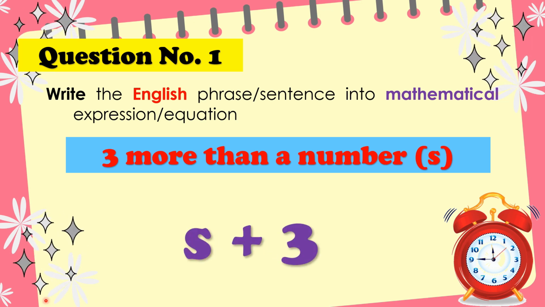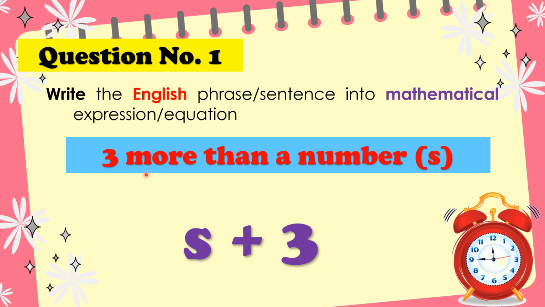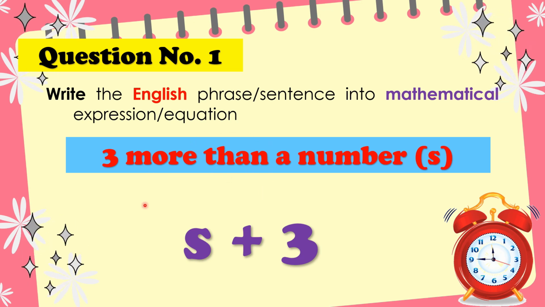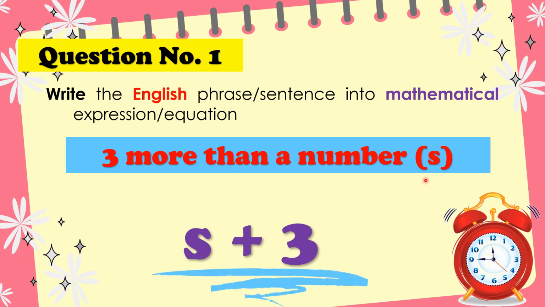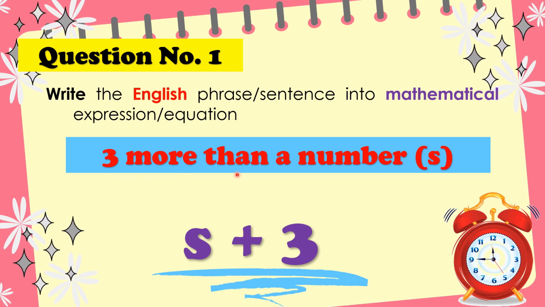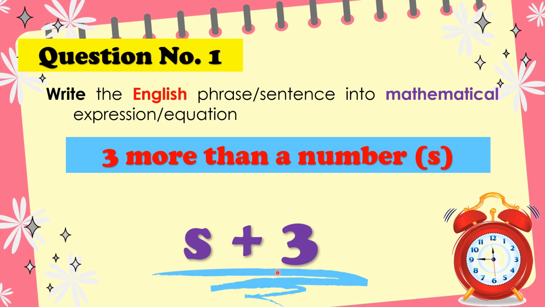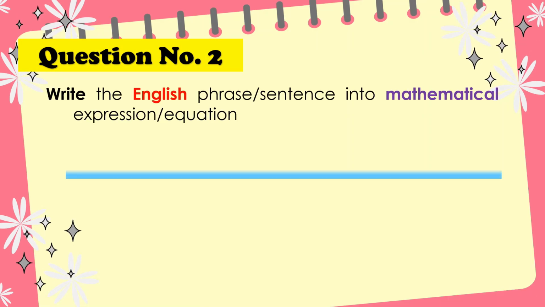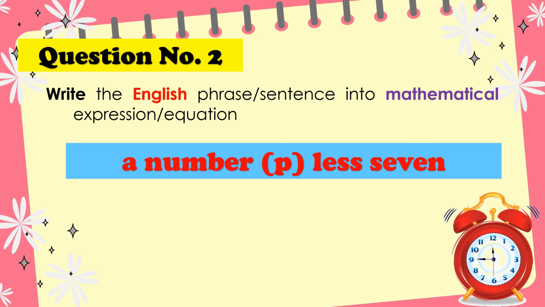S plus 3. Bakit naging S plus 3? Dahil ang ating keyword is "more than", and "than" is a switch word. That's why nag-switch ng places si 3 and si S. So, when you translate 3 more than a number S, the answer is S plus 3. Next question. Translate a number P less 7.